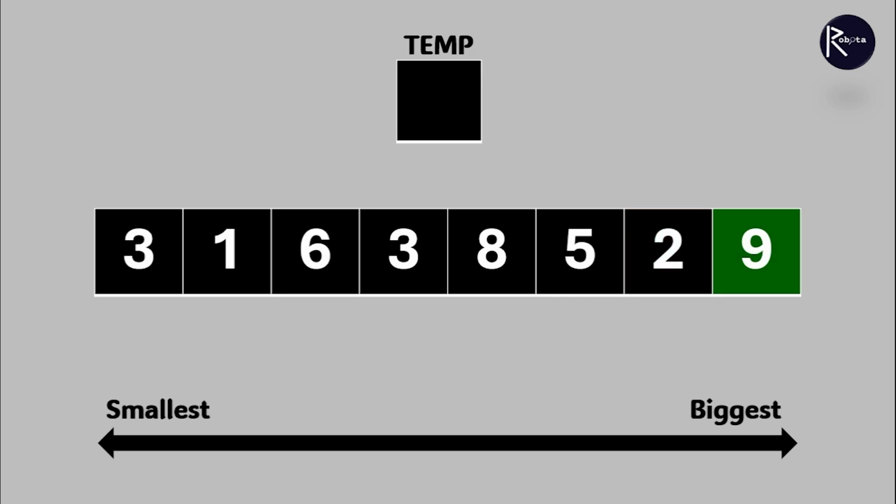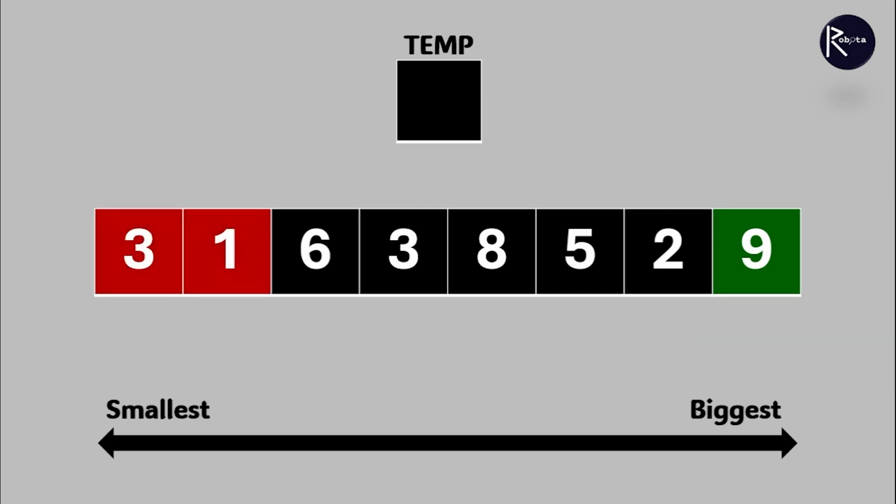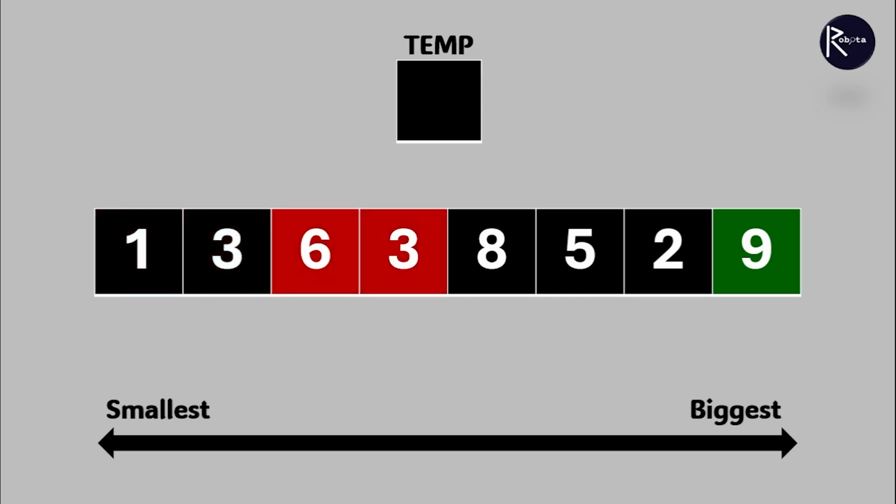Let's make this green and we are not touching it anymore. Now look at other numbers and we follow the same method we used earlier. We check 2 numbers at the same time and if they are not following our left small right biggest logic, we are going to swap them.